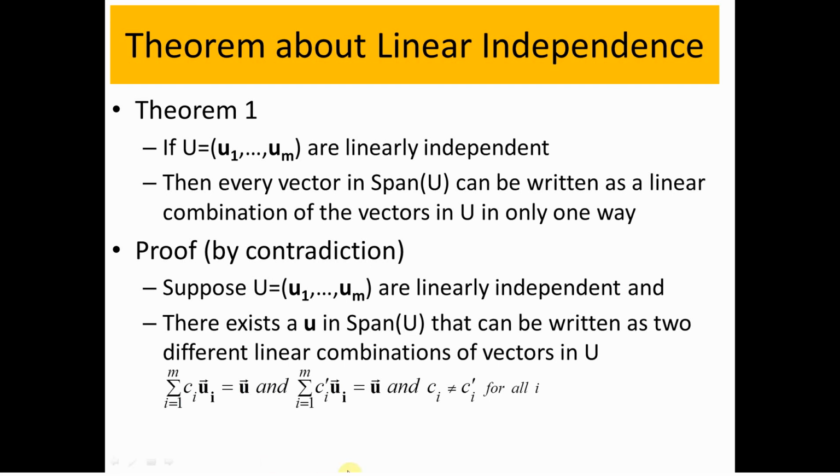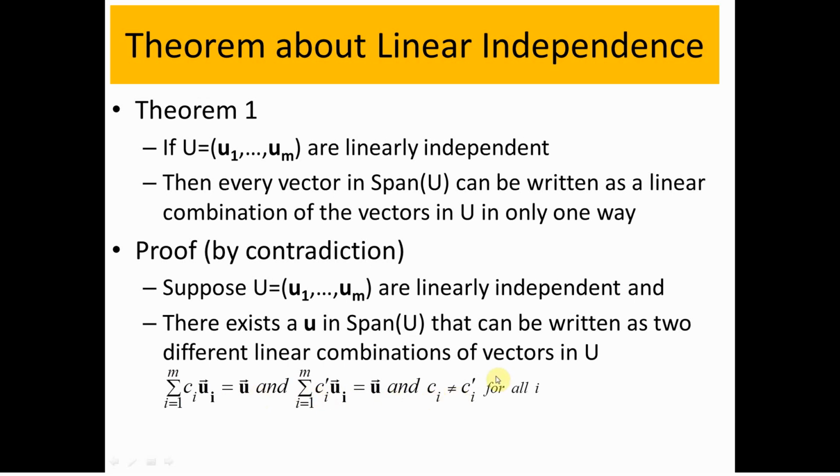This would imply that there'd be one linear combination that would give me this vector, another linear combination of the vectors in capital U giving me the same vector, but not all of the coefficients are equal for corresponding vectors in capital U. So these are different linear combinations.